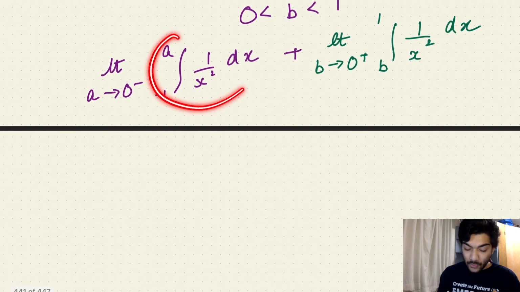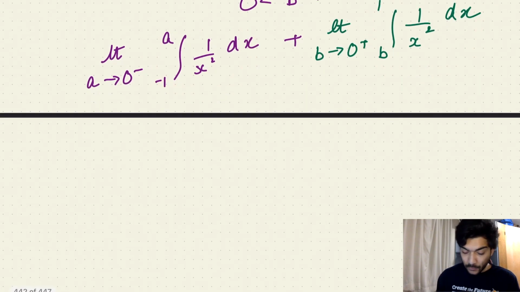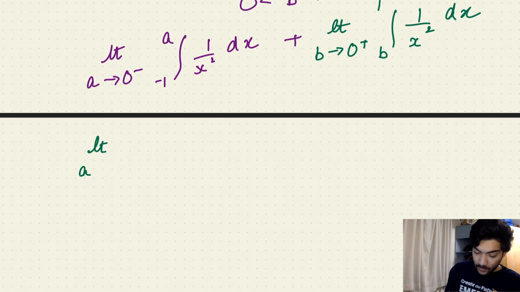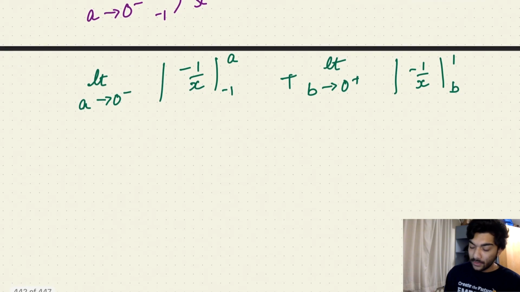So now we can proceed on solving these definite integrals using the normal methods that we know. We know that the integral of 1 upon x square is basically -1 by x. So the first expression will be limit a approaches 0 minus of -1 upon x from -1 to a, plus limit b approaches 0 plus of -1 by x from b to 1, right?